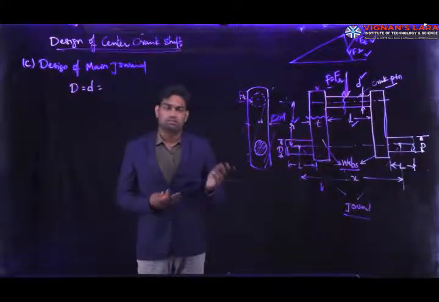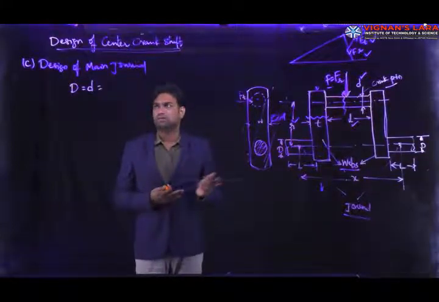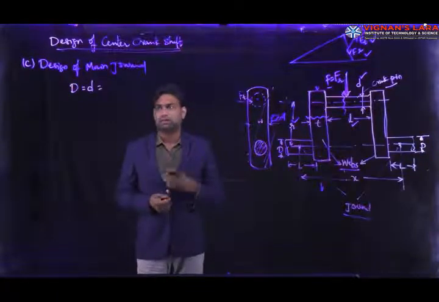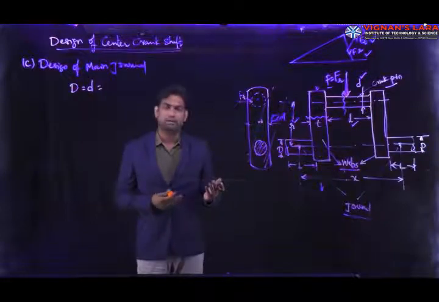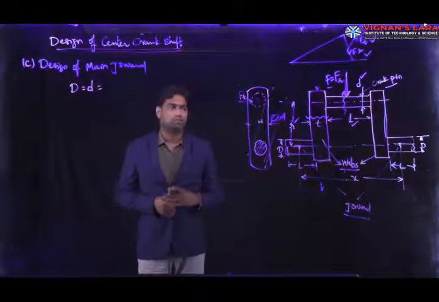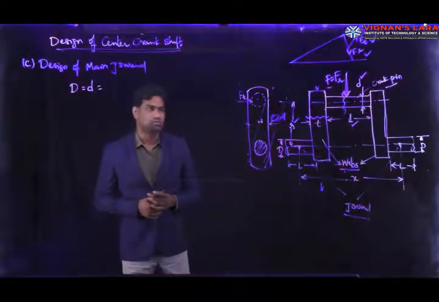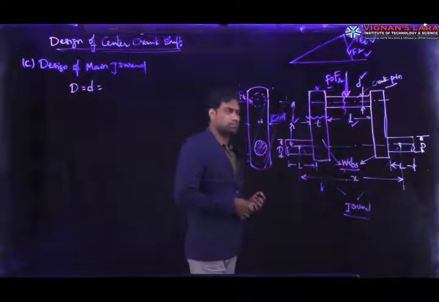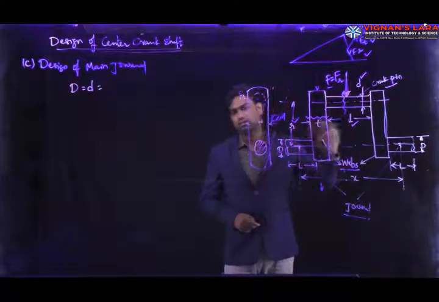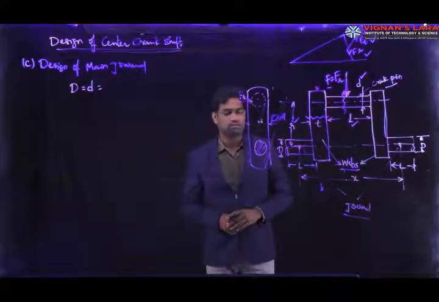As we discussed in the earlier case of the side crankshaft, the main journal is subjected to three types of stresses. One is bending due to the radial component, the second one is bending due to the tangential component, and the third one is torsional shear stress due to the tangential component. But coming to this case, if you observe, the load is acting here, so we consider the total crankshaft as a simply supported beam.